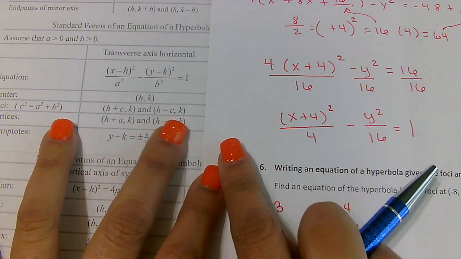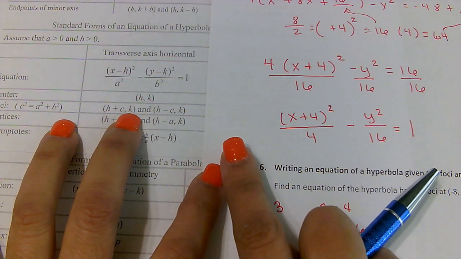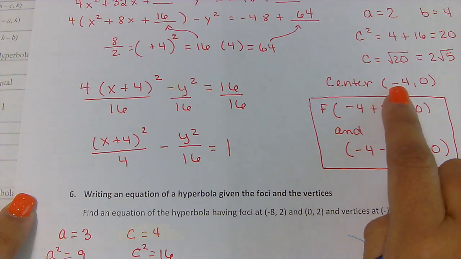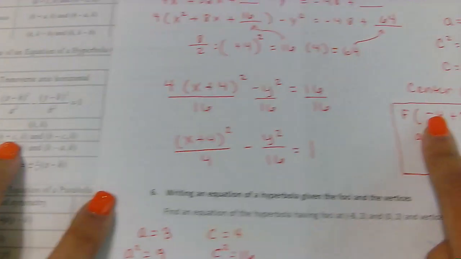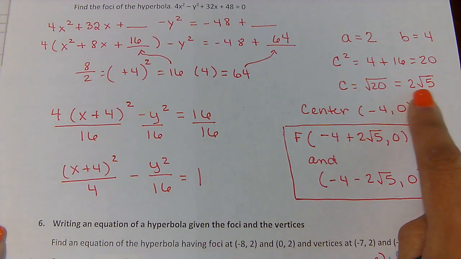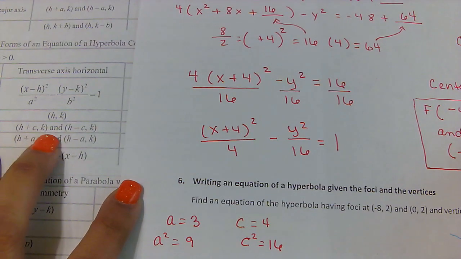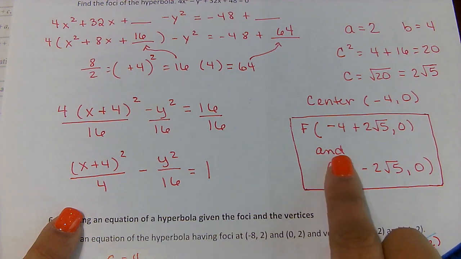The equations for the foci are here, which says h plus c, comma, k. Our h in this case is -4, so I put -4 here, plus c, and I'm using this form here, so plus 2 square root of 5. Our k in this case is going to be 0.